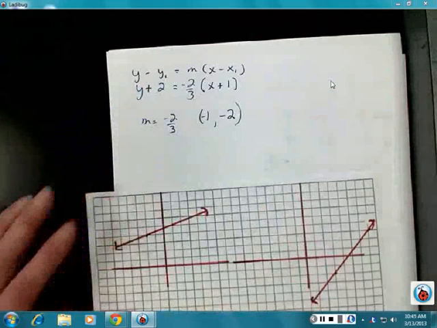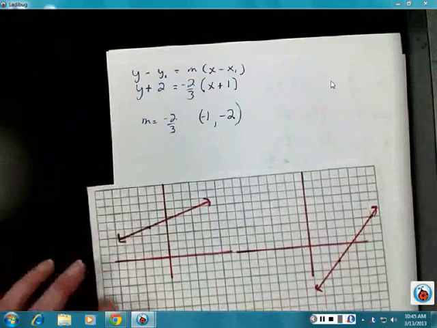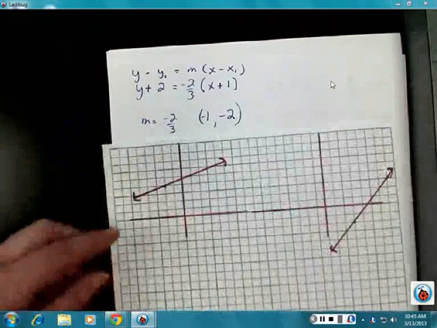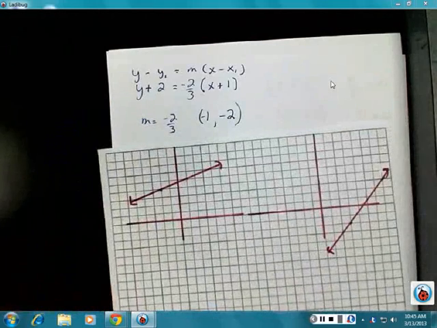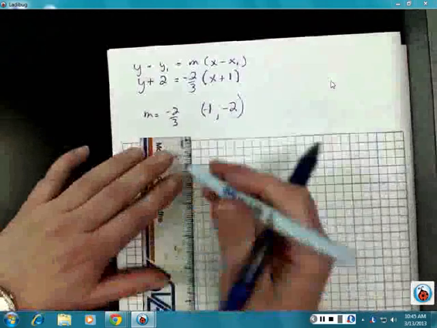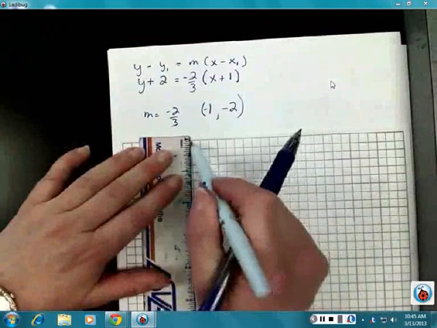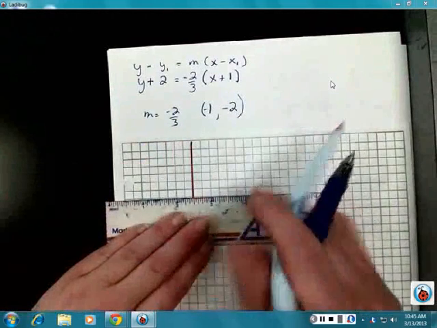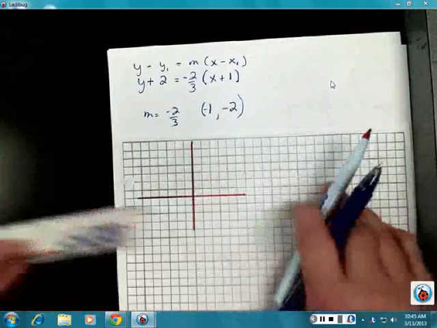Then if I had to graph it, what would my graph end up looking like here? If I graph this one, what will my graph be?